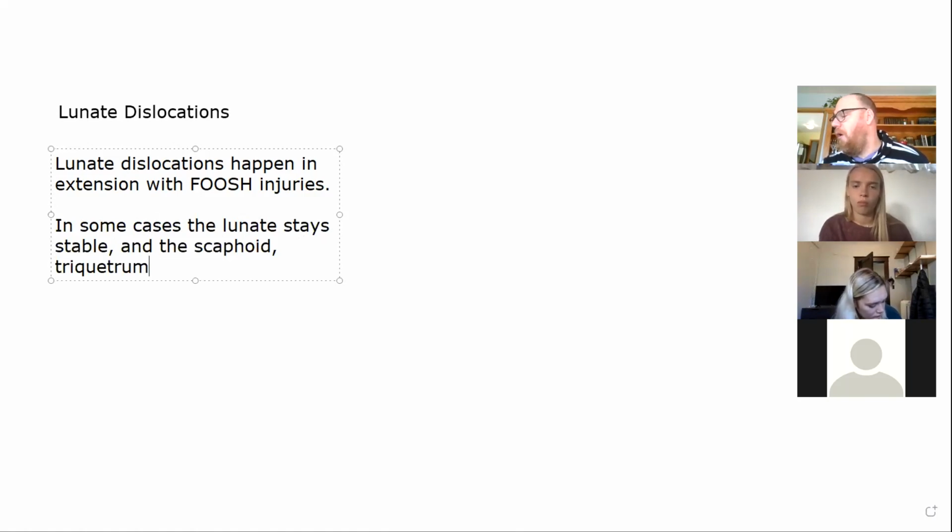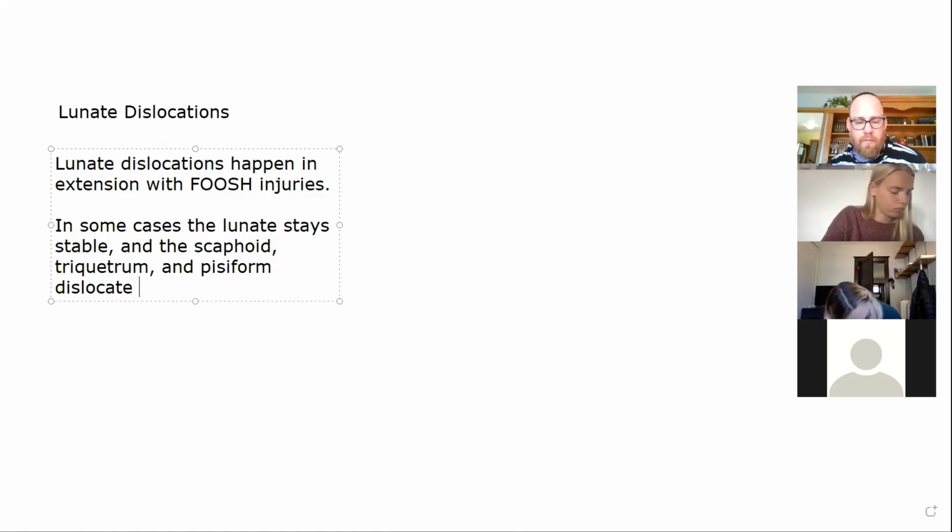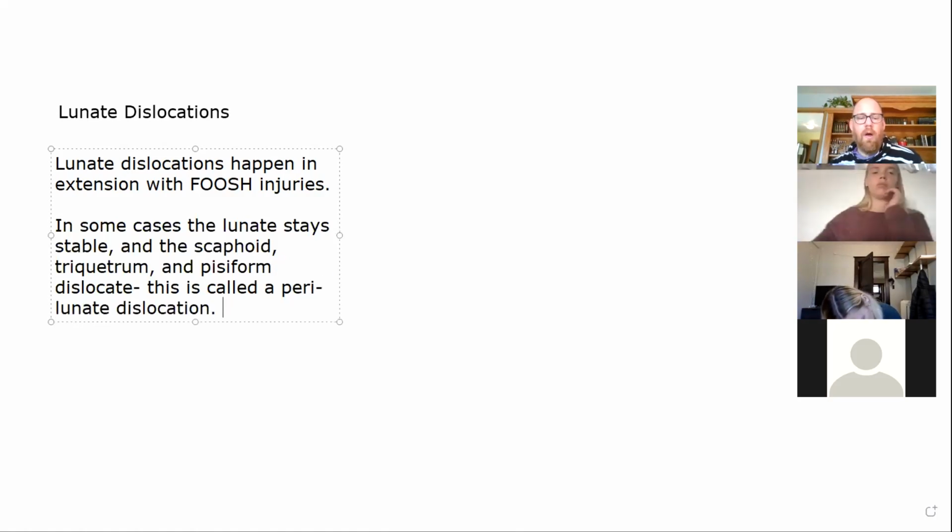That is called a perilunate dislocation because it's happening around the lunate. So that's called a perilunate dislocation when that happens.